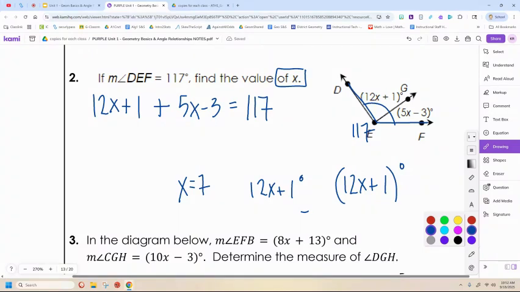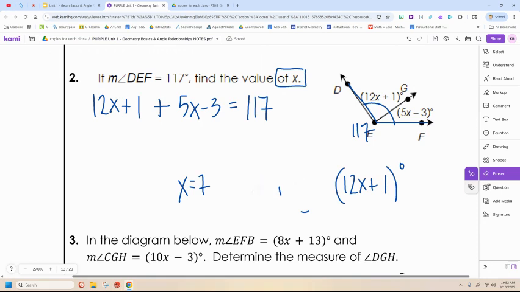So those parentheses are there just to emphasize that when we put 7 in here, 7 times 12 is 84 plus 1 is 85, the answer is 85 degrees. That's what those parentheses are for. You don't need to bring them into your problem. They do not mean multiplication. Okay? Good? All right. Moving on.